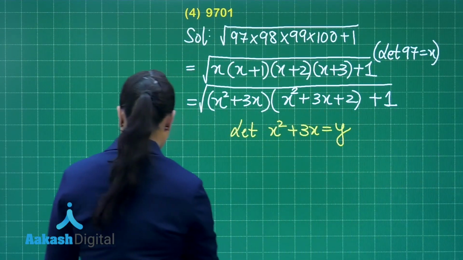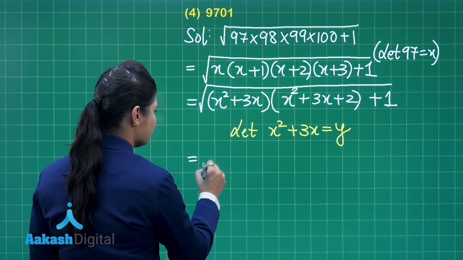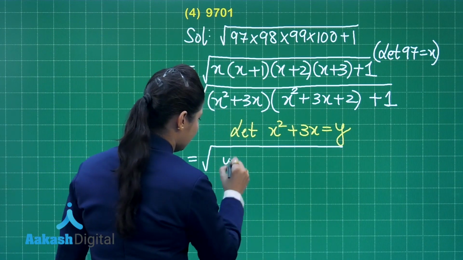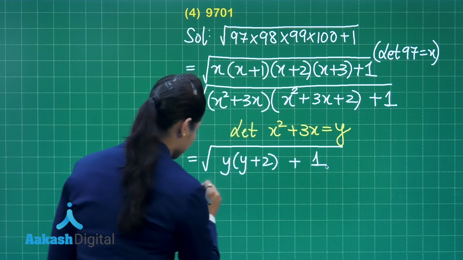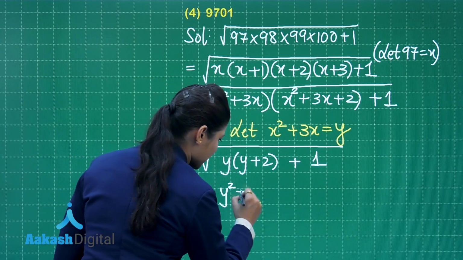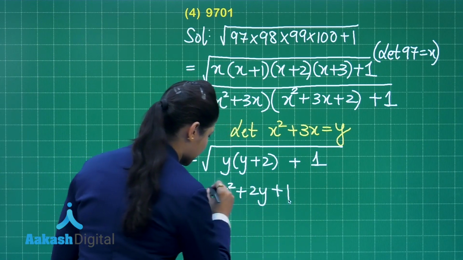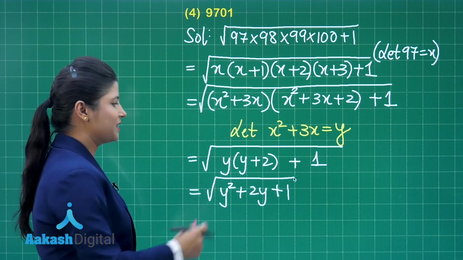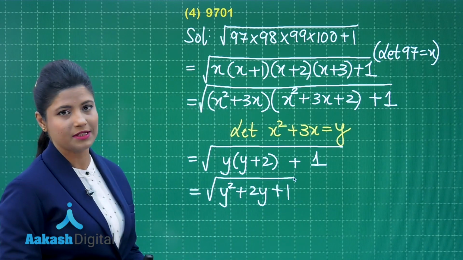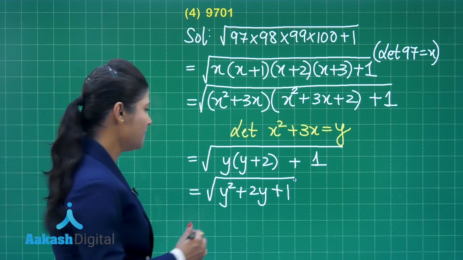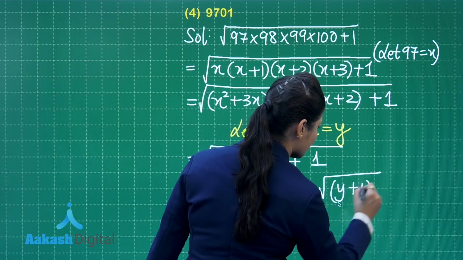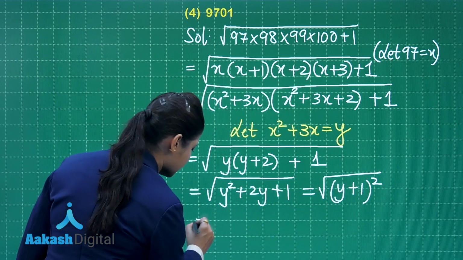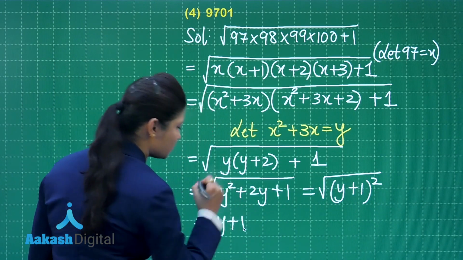Now this becomes y into y plus 2 plus 1, and when you simplify this, you get y square plus 2y plus 1 and square root of that. You can clearly observe y square plus 2y plus 1 represents y plus 1 whole square. So this is equal to square root of y plus 1 whole square. This root will get eliminated and I will obtain y plus 1.